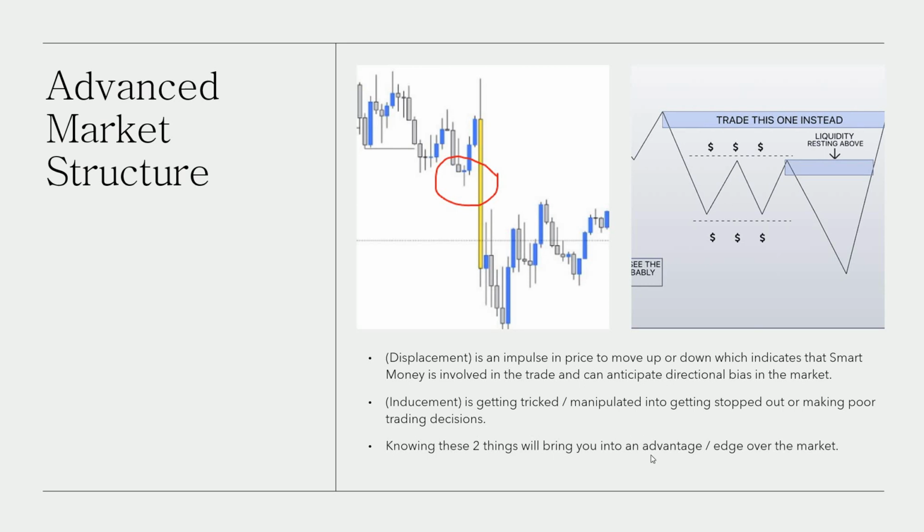Knowing these two things will bring you into an advantage or edge over the market. So basically, when you think about an edge, and you can ask any trader what an edge is, but I like to use this as a metaphor.